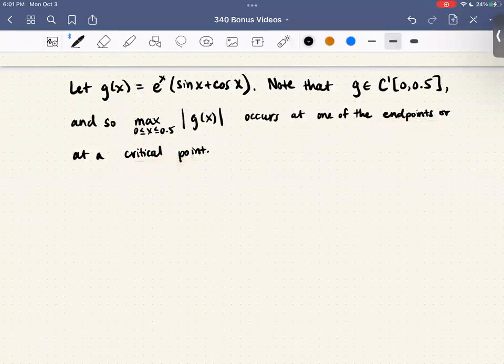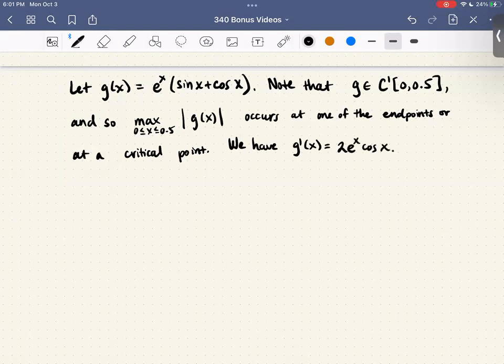So let's first find the critical points. We have that g prime of x is, you can check, 2e to the x cosine x.